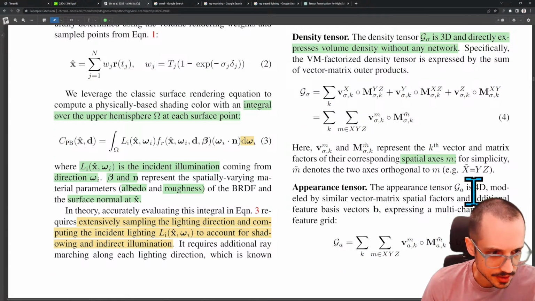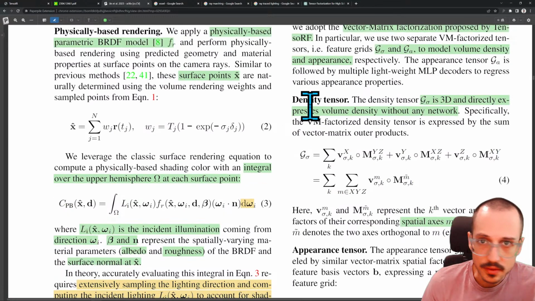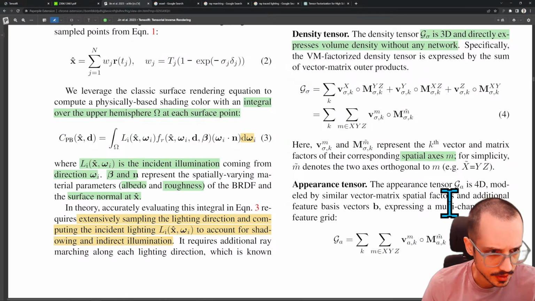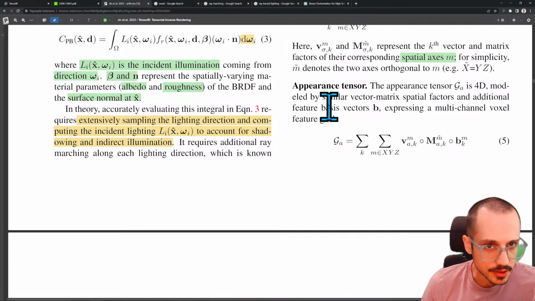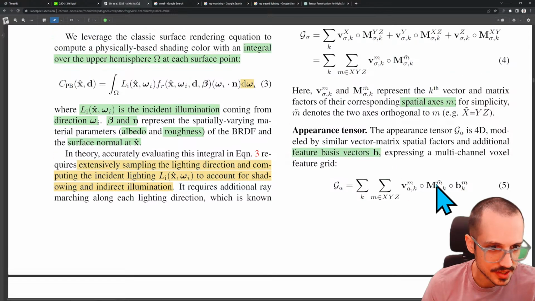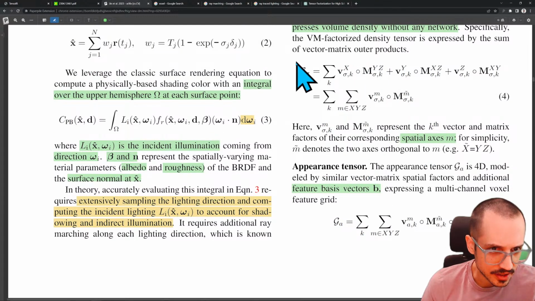And the appearance tensor is going to be 4D. So this is the density tensor. They're saying that one's 3D, and then the appearance tensor here is going to be modeled similarly by a vector matrix of spatial factors and additional feature basis vectors B. What is that? So you see how in the density one, you don't have any additional feature basis vectors.